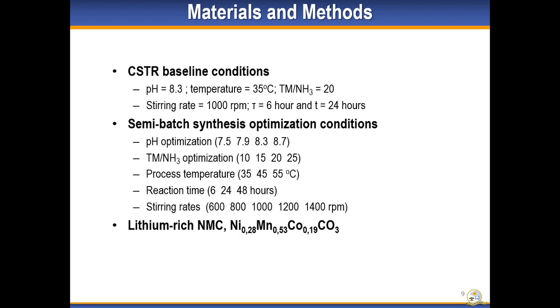For the semi-batch systems, we optimized the pH from 7.5 to 8.7, transition metal to ammonia concentrations of 10 to 25, processing temperatures ranging from 35 to 55 degrees Celsius, reaction times from 6 to 48 hours, and stirring rates from 600 to 1400 RPM.